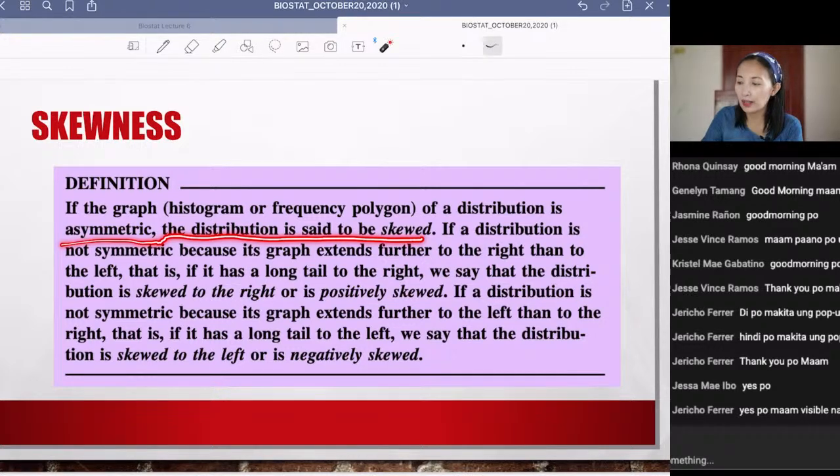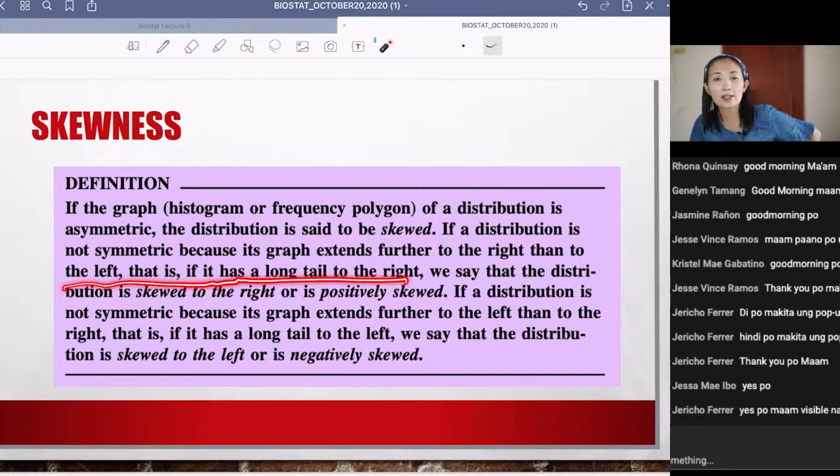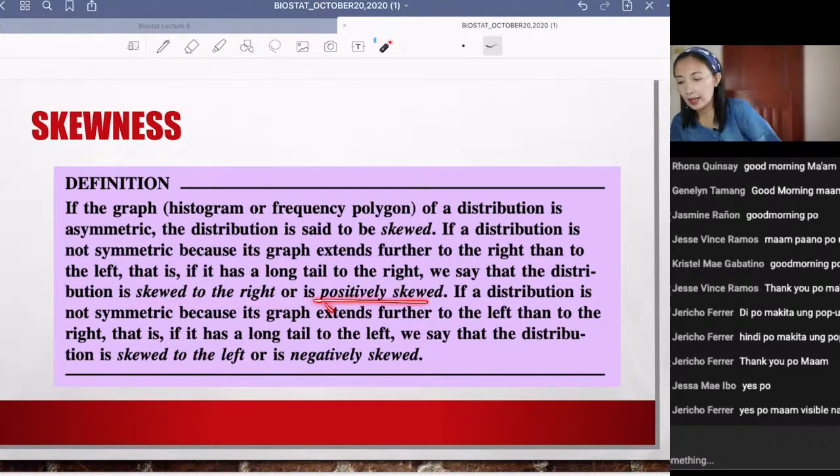If a distribution is not symmetric, because its graph extends further to the right or to the left, that is, if the tail is long on the left side or the tail is long on the right side, we say it is skewed. Either skewed to the right or positively skewed, or skewed to the left or negatively skewed.